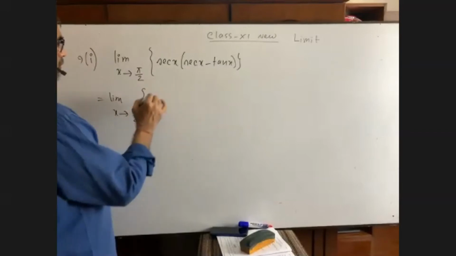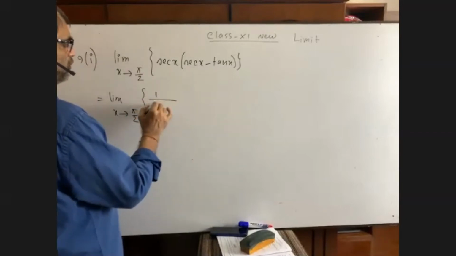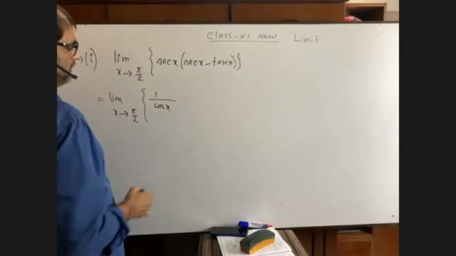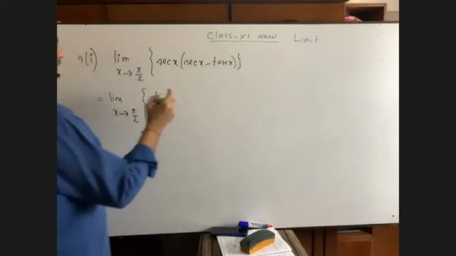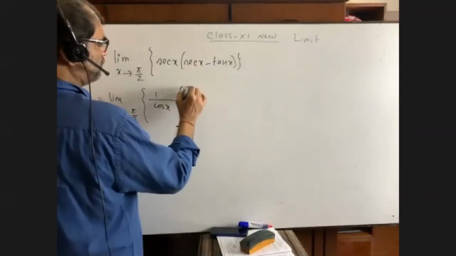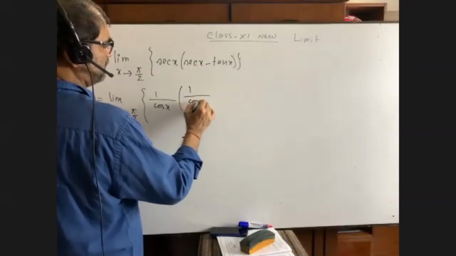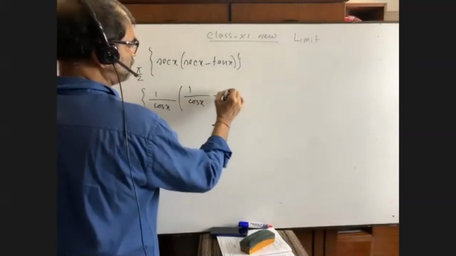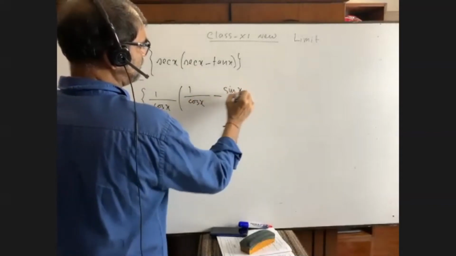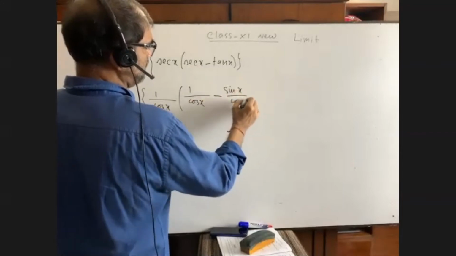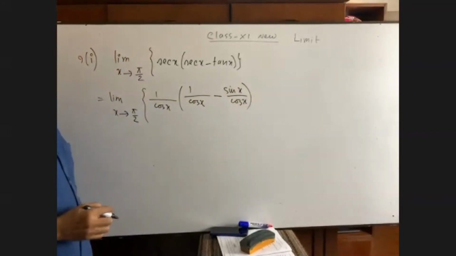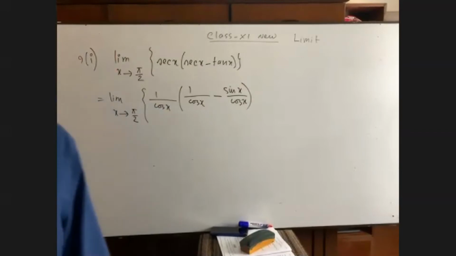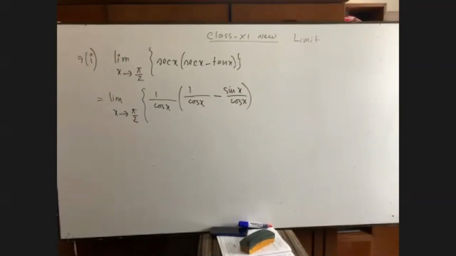You write down sec x equals to what? 1 by cosine x. Tan x equals to what? Sin x by cosine x. Is it a very easy and simple calculation?